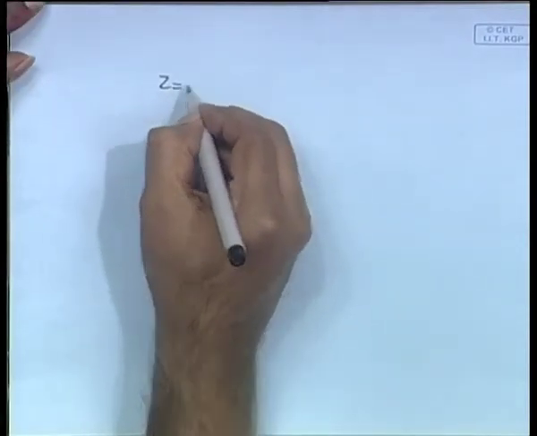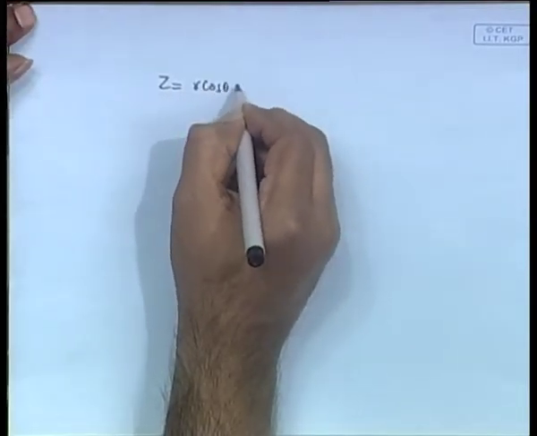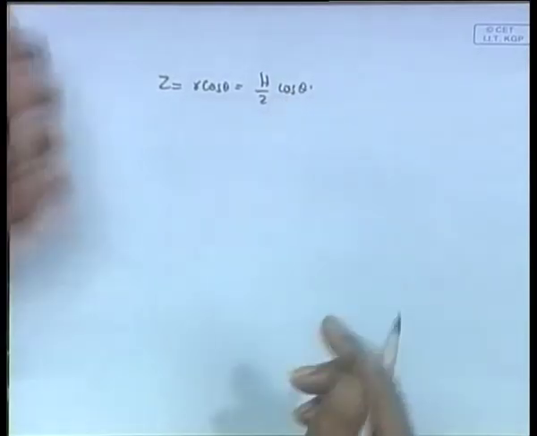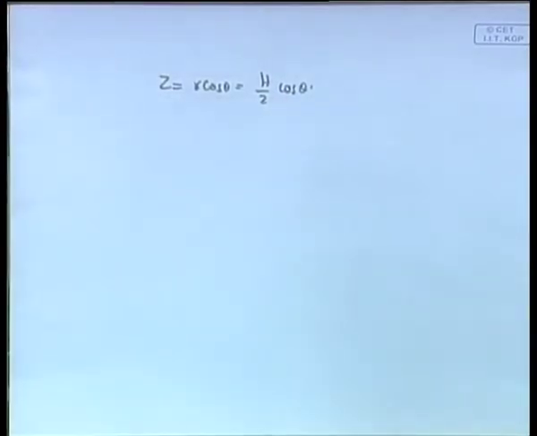We have the formula z equals r cos theta equals h by 2 cos theta. Therefore, z equals h by 2 cos theta. Now h is known, LPP by 20 into cos theta. Theta is the one you just calculated in the previous section. So there you have z.